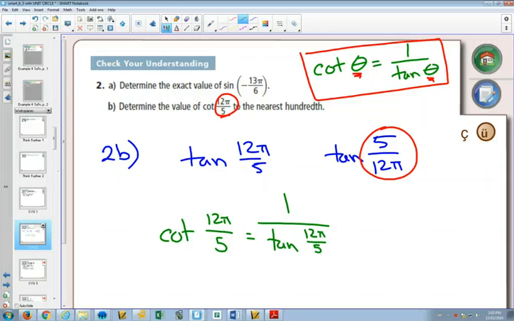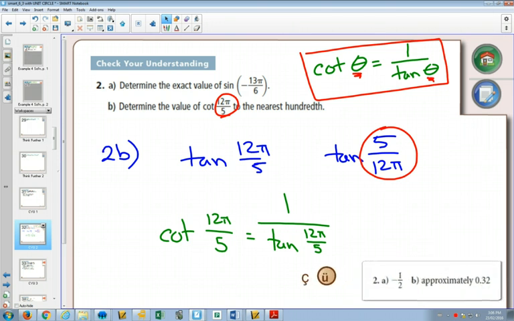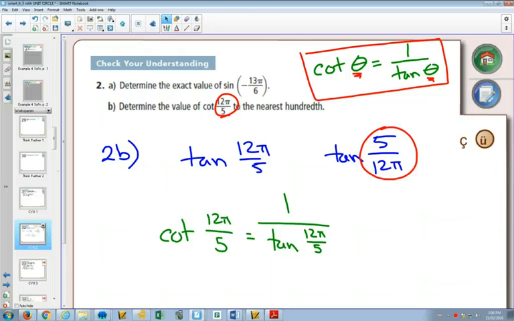The angle doesn't change. That you can type into your calculator, and it's approximately 0.32, to the nearest hundredth.